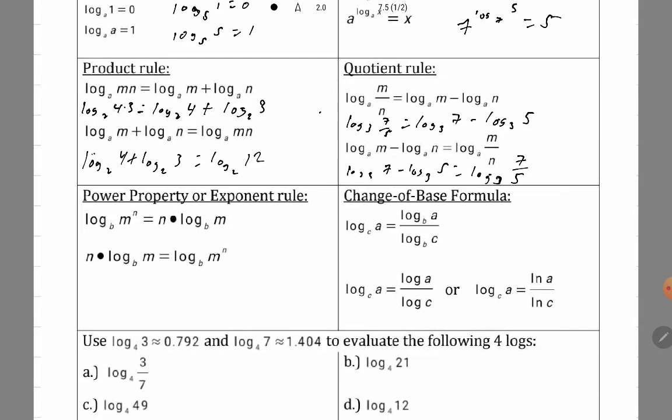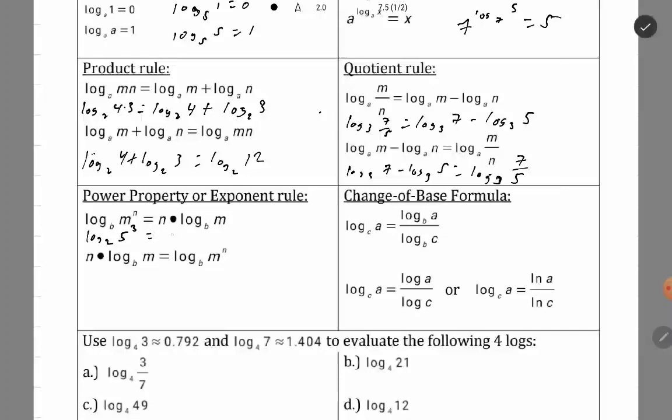So if we're taking a log of something that has an exponent, we can change it. This would be, for example, log base 2 of, let's say, 5 to the third.